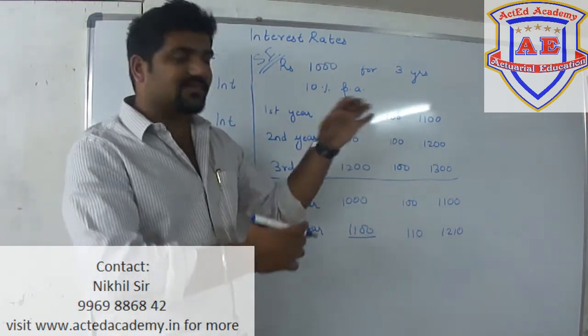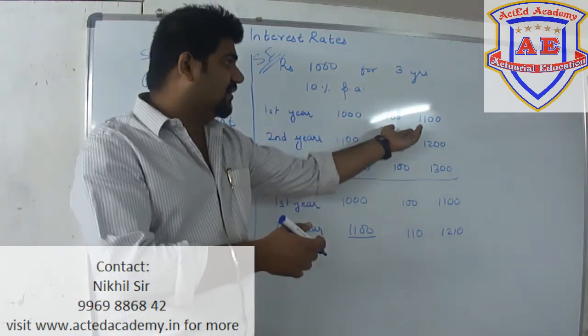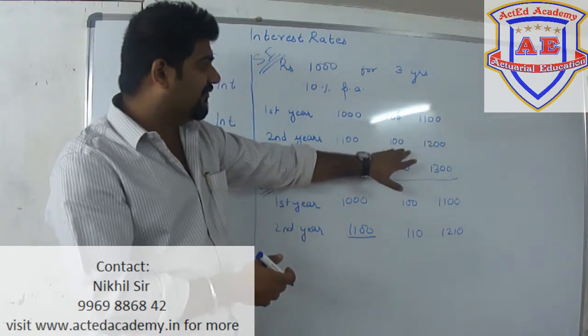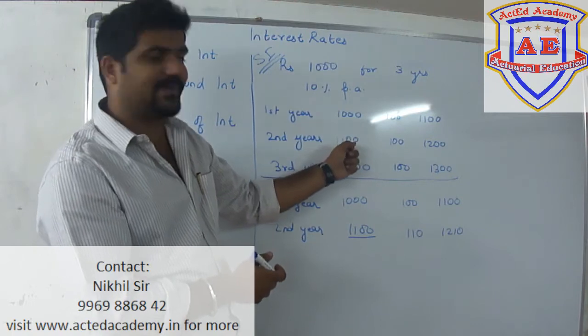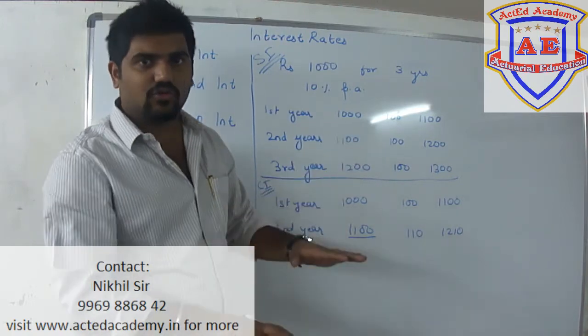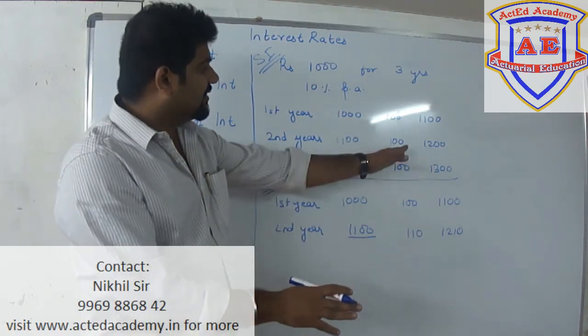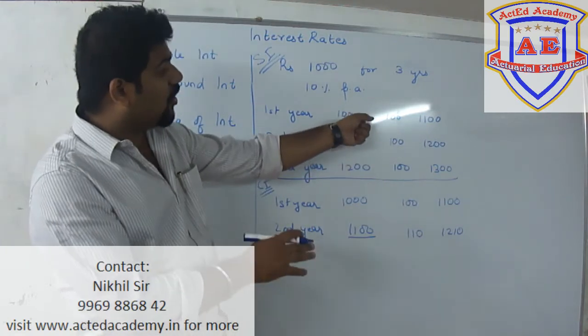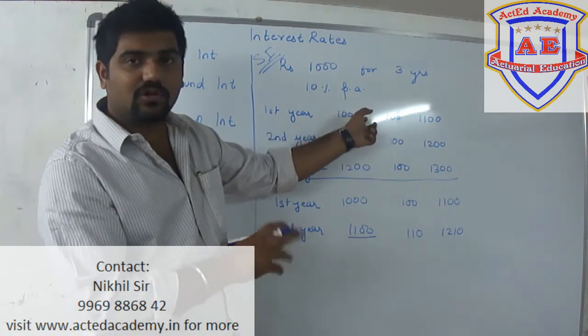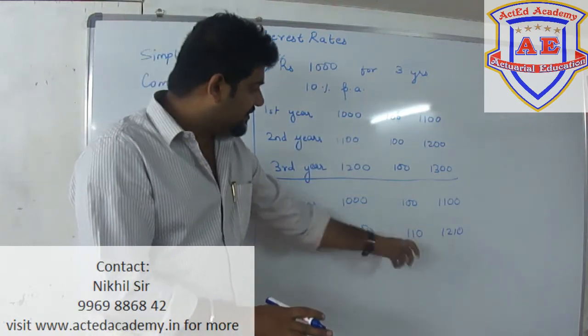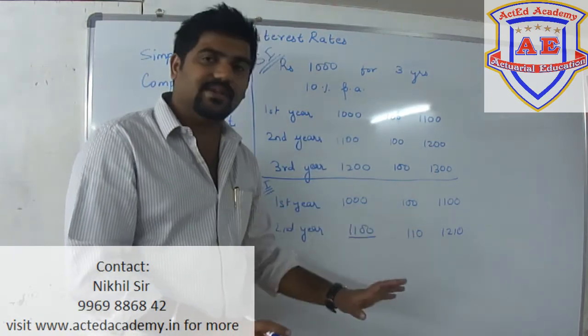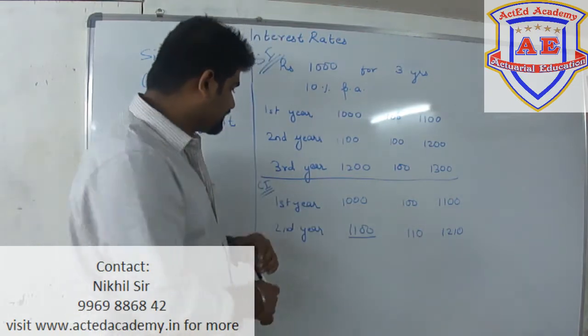In simple interest, the interest that I earn is ignored while calculating my interest. I earned extra 100 rupees, but the bank says no. For simple interest, the 10% will be charged on your original amount, not on the interest that you earned. In this, on the total amount, the interest is being charged. That is why it is 110.